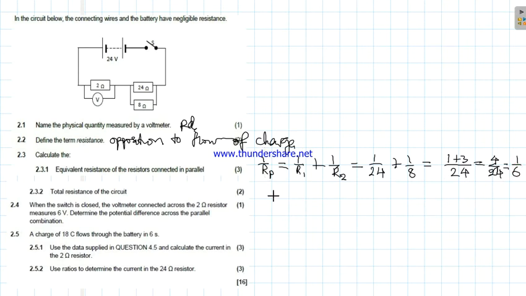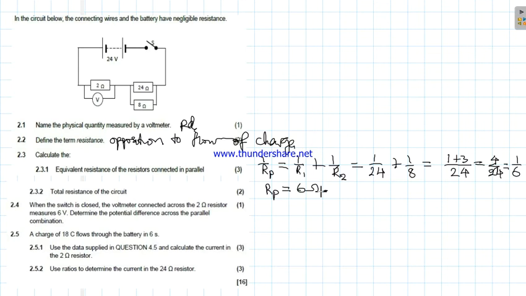So 1 over Rp is equal to 1/6. That means Rp, the parallel resistance, is equal to 6 over 1, which is the same as 6. So it's 6 ohms. Okay, so we are done with 2.3.1.